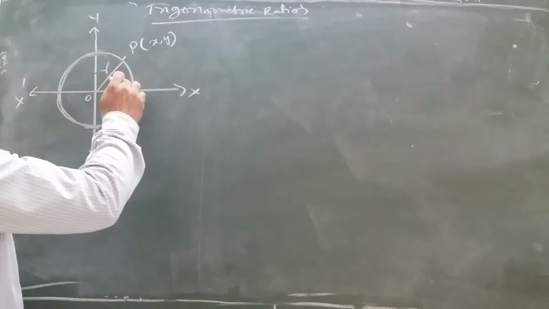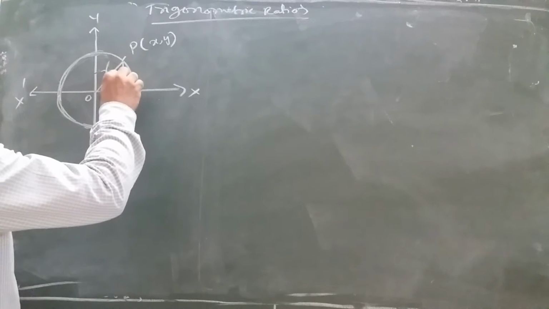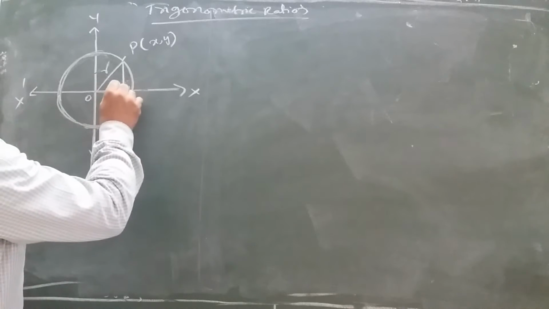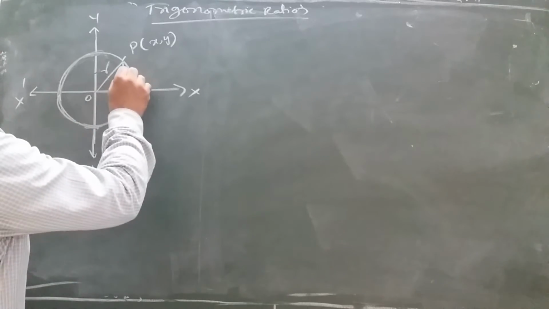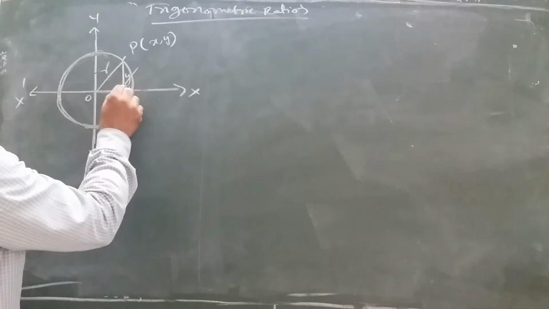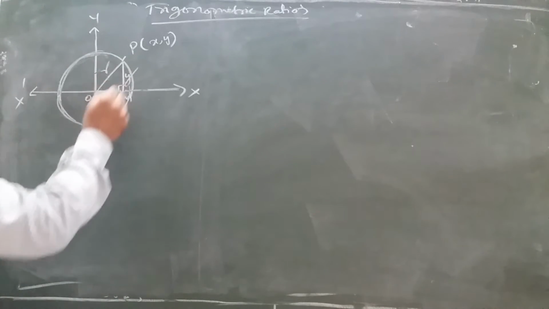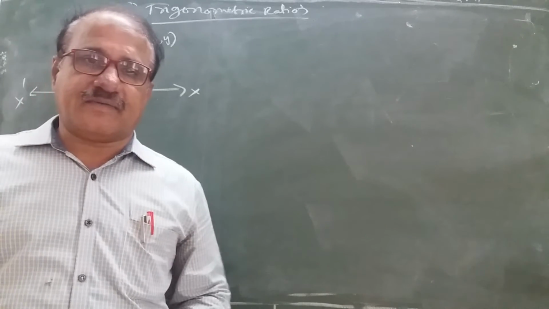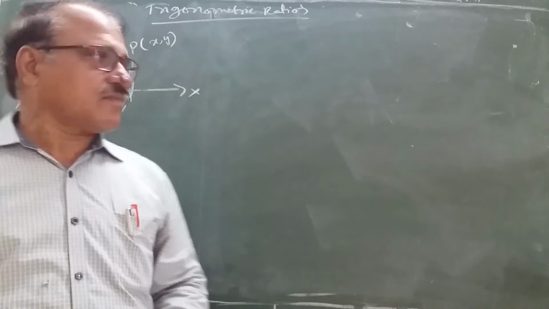We know that the perpendicular distance from the x-axis to the point P is y, and the distance from the foot of the perpendicular of P on the x-axis is the x coordinate. We already discussed this in coordinate geometry in lower classes.